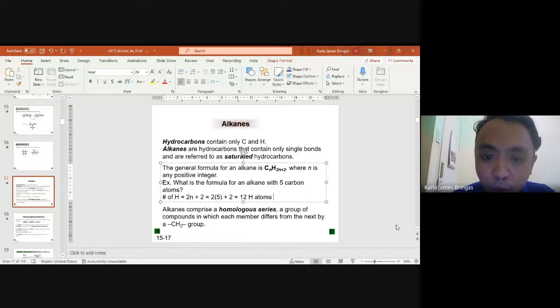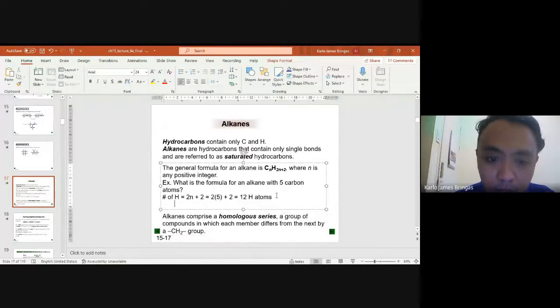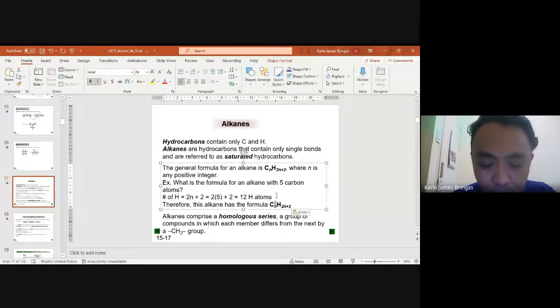So therefore, we can now say this alkane has the formula C5.